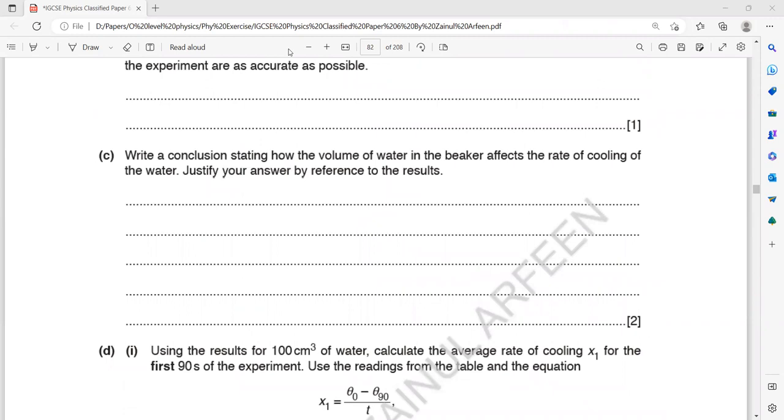You have to justify your answer by reference to the result. So what conclusion, stating how the volume of water affects the rate of cooling? The lower the water volume, the more the temperature change. We can also say the rate of cooling is inversely related to volume of water. If we have a smaller volume of water, the rate of cooling is higher.